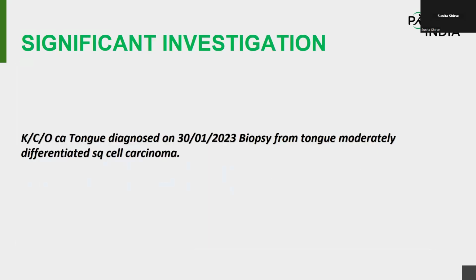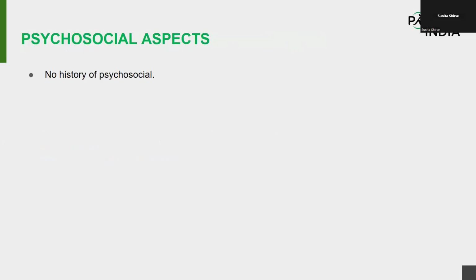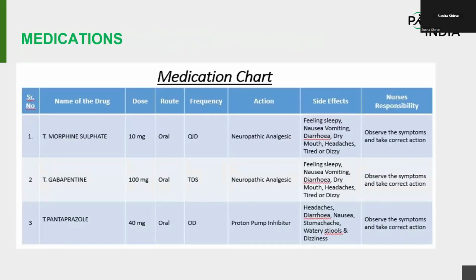Significant investigation: carcinoma tongue diagnosed on 13/1/2023, biopsy from tongue, moderately differentiated squamous cell carcinoma. Psychological aspect: no history of psychological aspect. Medication done.